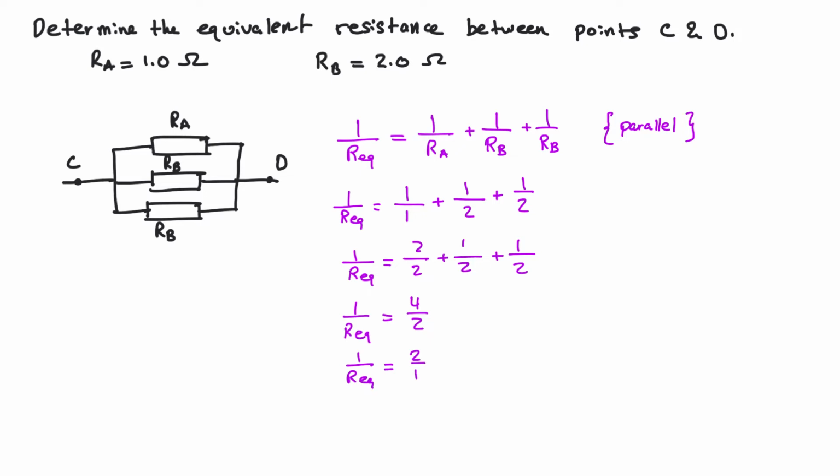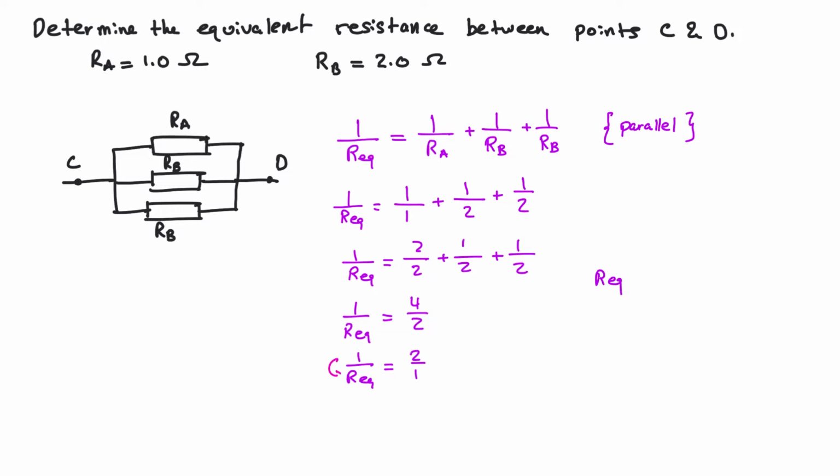The important thing is that it doesn't really matter how you get to this point. Some of you are able to just go from here to here in one step, and that's completely okay. I'm happy if you do that. But at this point, what a lot of students tend to miss is the fact that you didn't just calculate REQ, you calculated 1 over REQ. In order to actually get REQ, the equivalent resistance, you need to take the reciprocal.